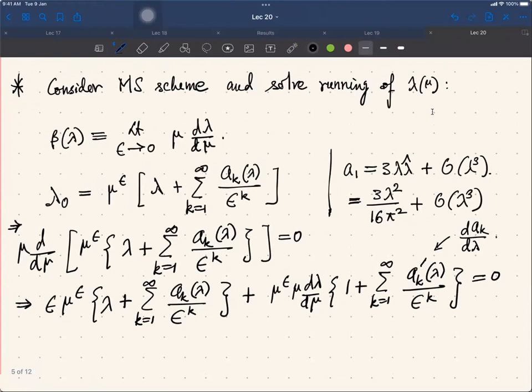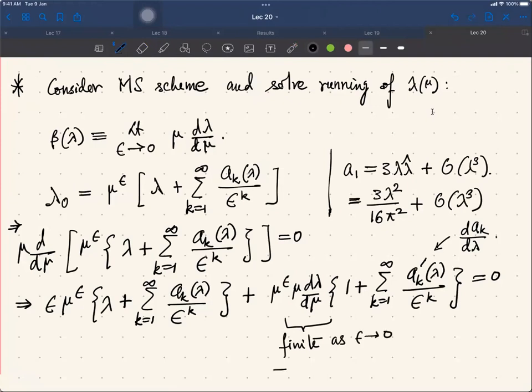Now this quantity, this mu d lambda d mu, given that lambda is a renormalized quantity which is finite in the epsilon going to 0 limit, must therefore be finite, or analytic, at epsilon going to 0.